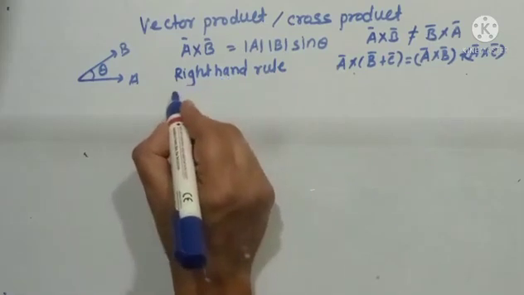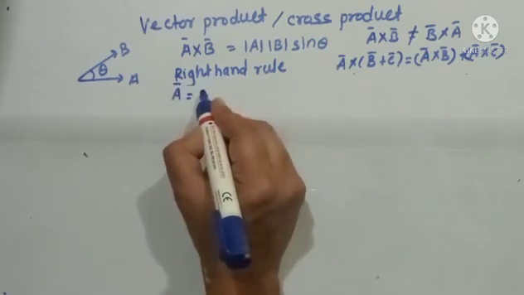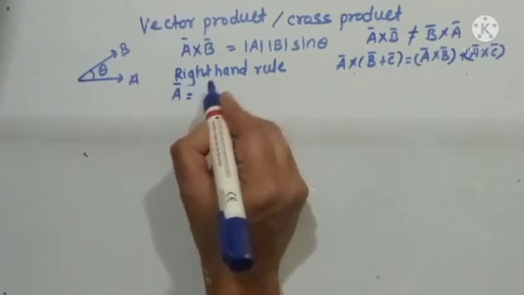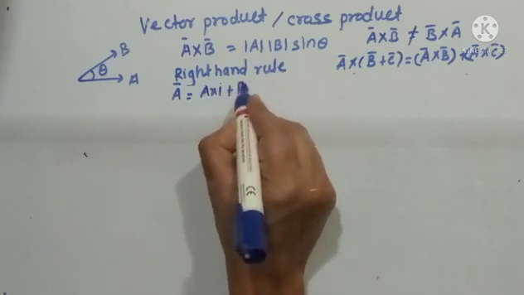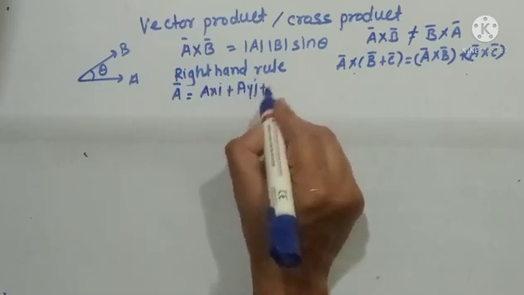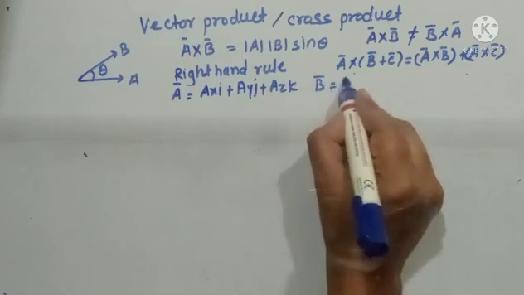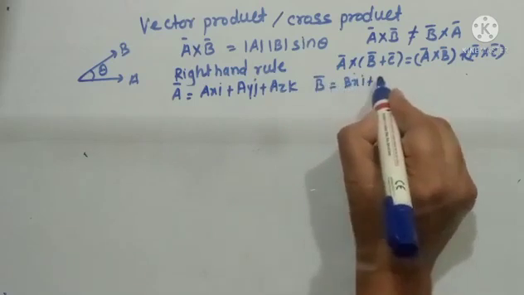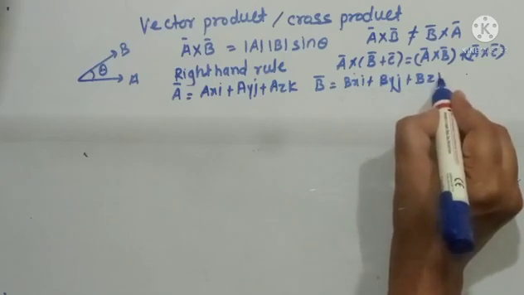Now let us have two vectors which are represented in their perpendicular components as ax i plus ay j plus az k, and there is another vector bx i plus by j plus bz k.